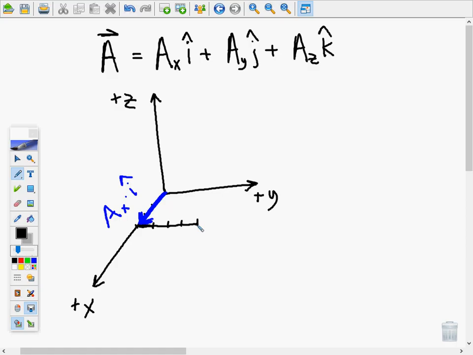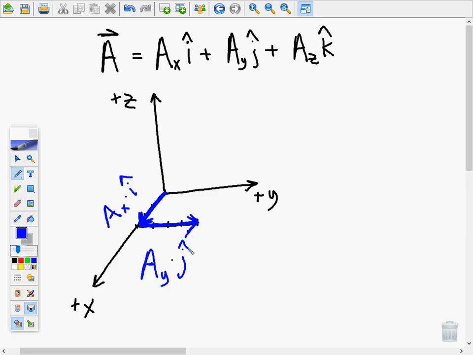And if I draw a vector in the direction of positive y, that there is a sub y times unit vector j. Notice that's in the xy plane, on the flat plane.